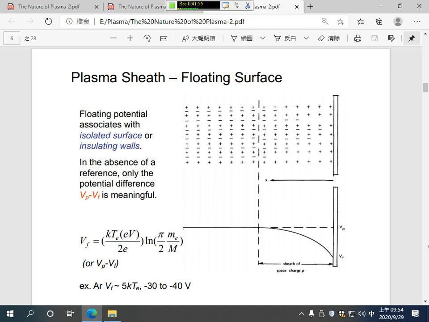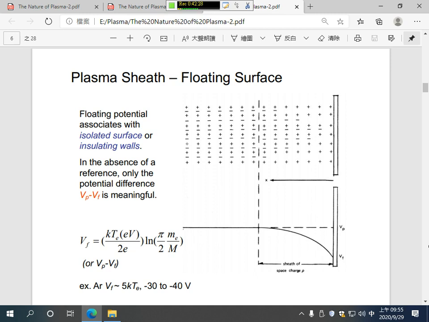Right? There is no electrical field in the plasma volume, but there is an electrical field in the sheath region. So when the positive ion or cation travels across the dashed line, and when these positive ions enter the floating sheath region, the positive ion can be accelerated by the electrical field.